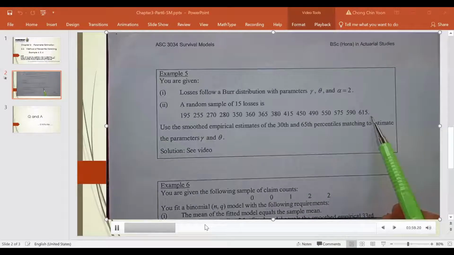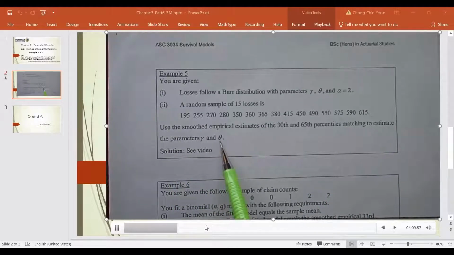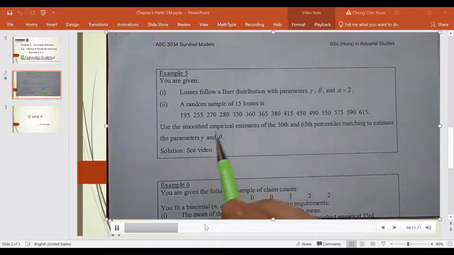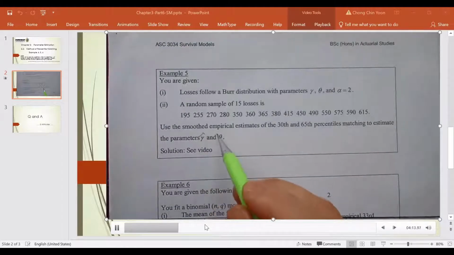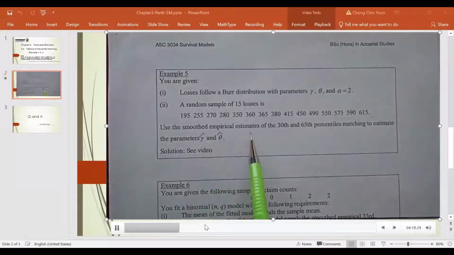Use the smoothed empirical estimates of 30th and 65th percentile matching to estimate the parameters gamma and theta. So our aim is to estimate these two parameters by using the smoothed empirical estimate.